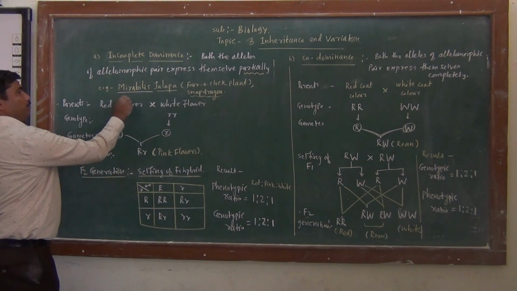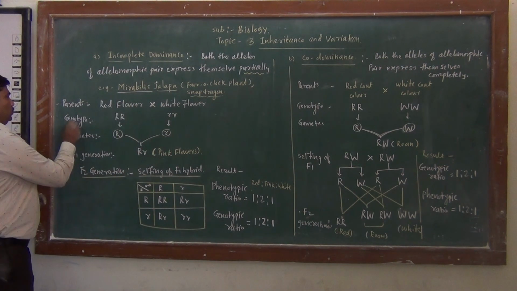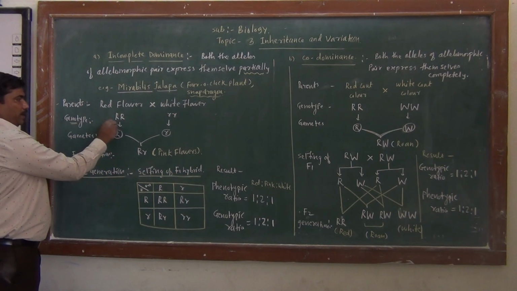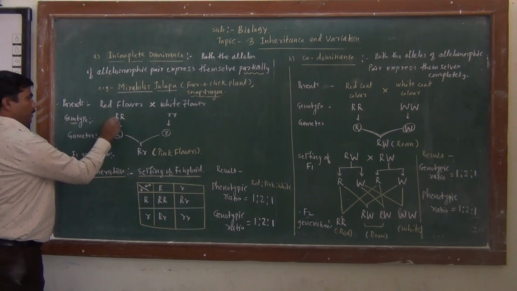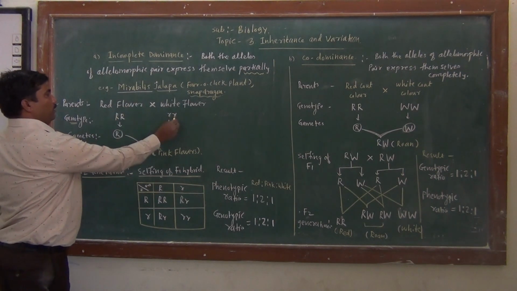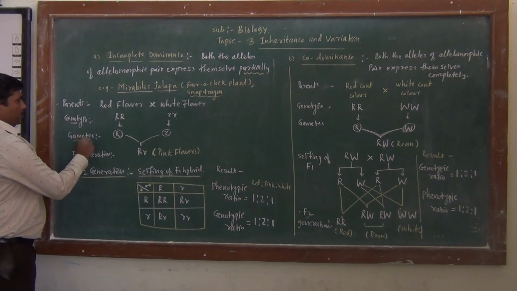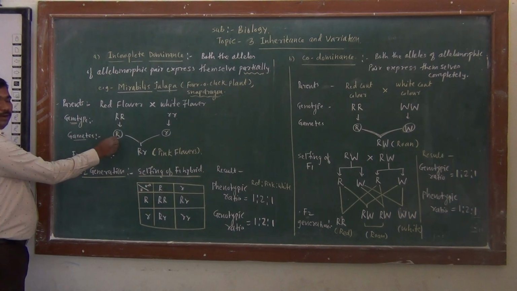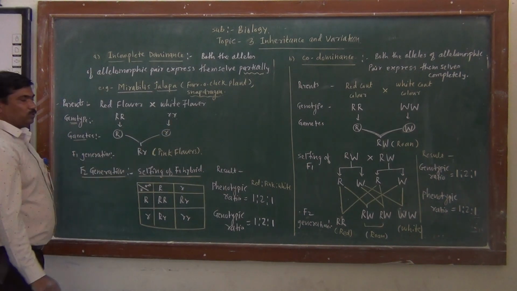One is the male parent, another is the female parent. You know that the red color is dominant over the white, so the red genotype is denoted by capital R, and white flower by small r. This homozygous genotype gives one type of gamete, capital R. This gives the gamete small r.